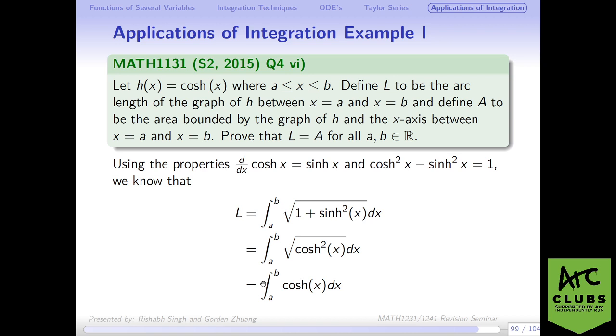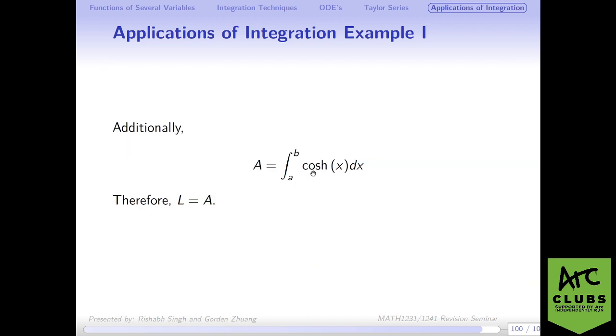And now, hopefully you can see, it's just the area. The area under the curve from a to b is just the integral of cosh. So you have to memorize the integral. You can always pull out the integrals in the middle of the exam, I guess, if you need them.